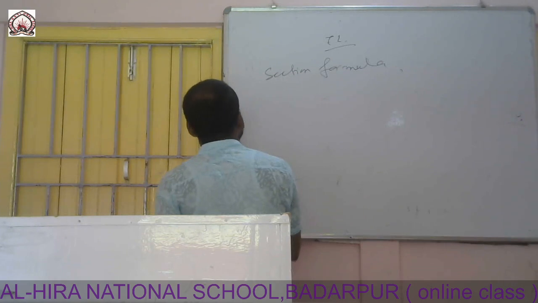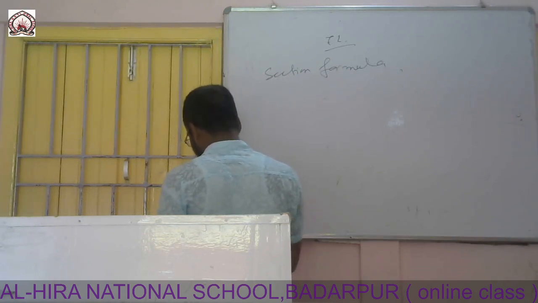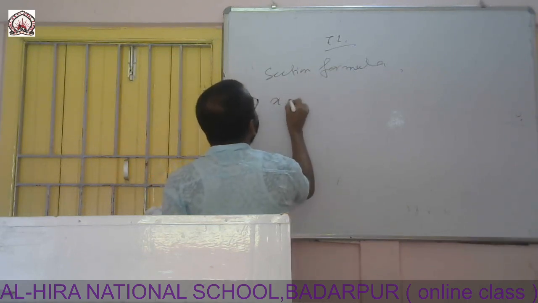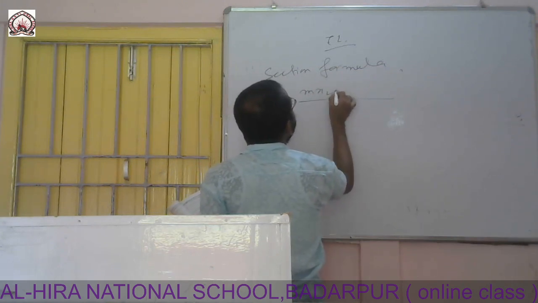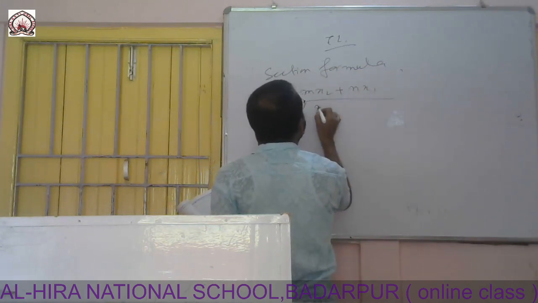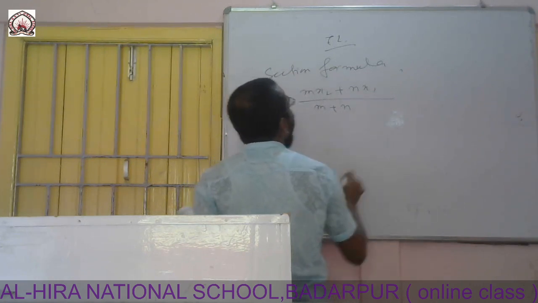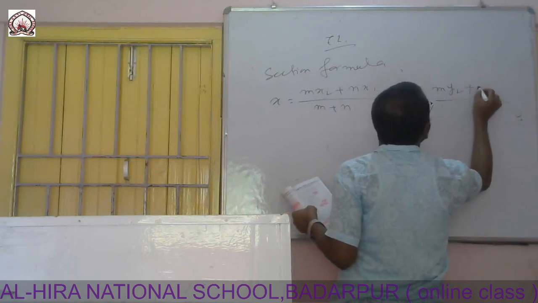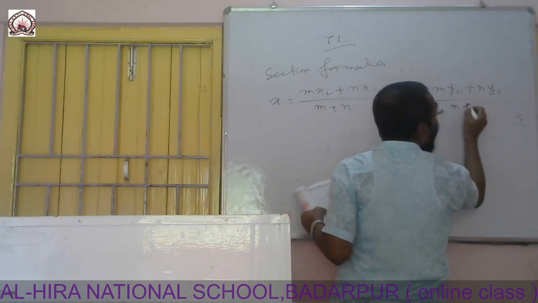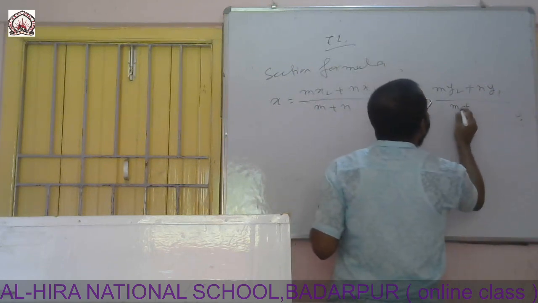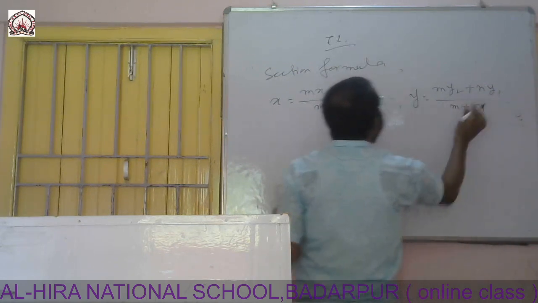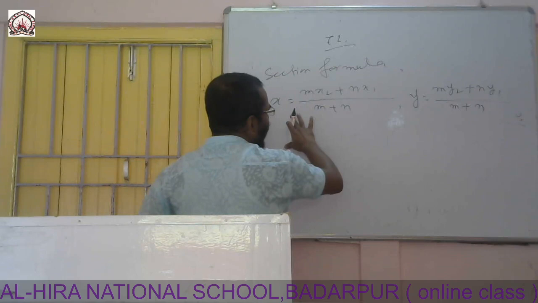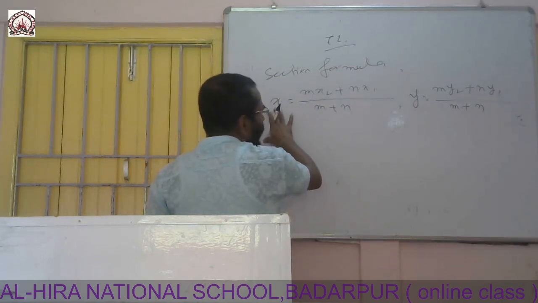The section formula is: x is equal to (m x2 plus n x1) by (m plus n), and y is equal to (m y2 plus n y1) by (m plus n). If the ratios are given, then you use this one.